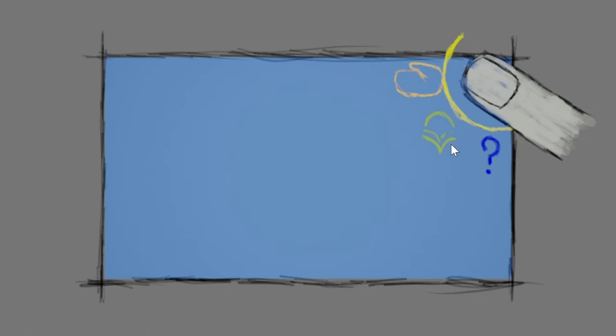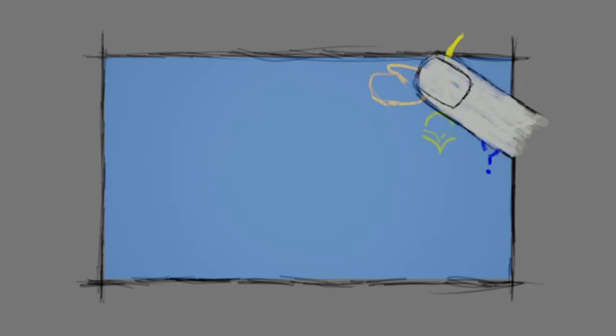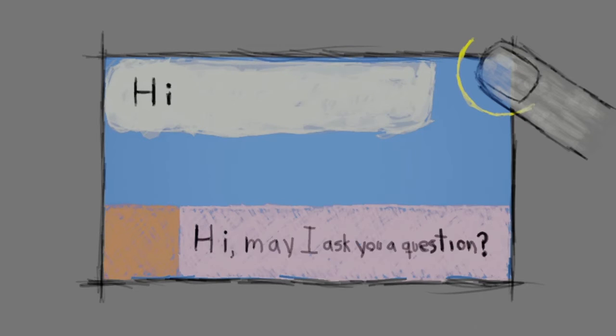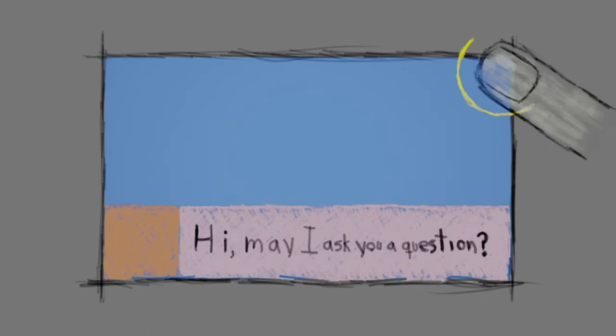The green one is command. Basically, you can issue commands to the NPC, and the blue question mark is question, to ask a question to the NPC. So in this occasion, the player selects greeting. The player greets, and the NPC answers the greeting.